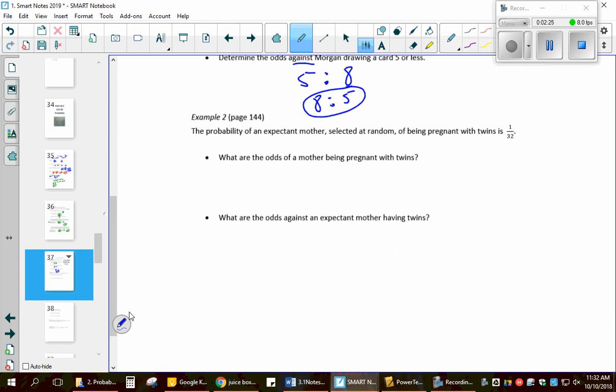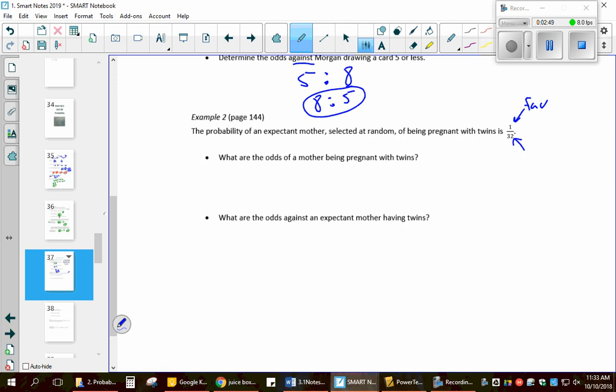All right. Probability of an expectant mother selected at random of being pregnant with twins is 1 out of 32. What are the odds of a mother being pregnant with twins? Okay, so what was this number up here? Was that odds or probability? That was probability, right? That top number is favorable.